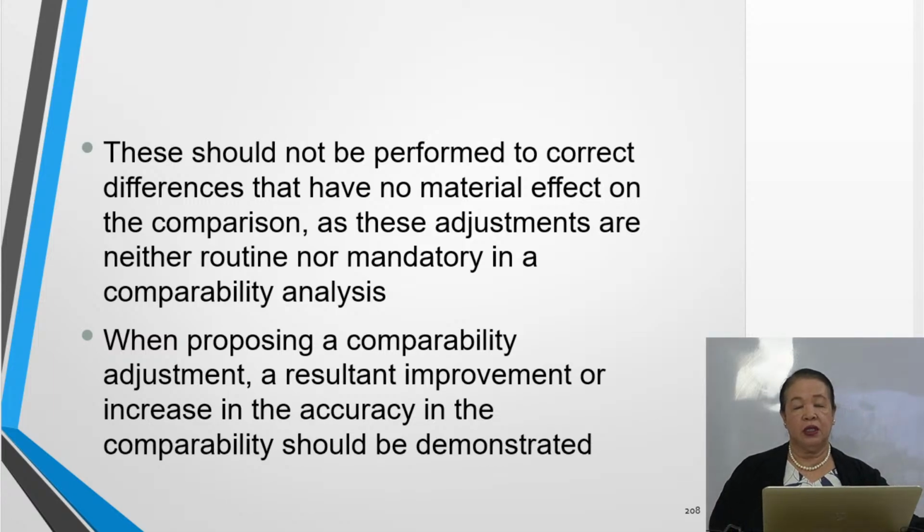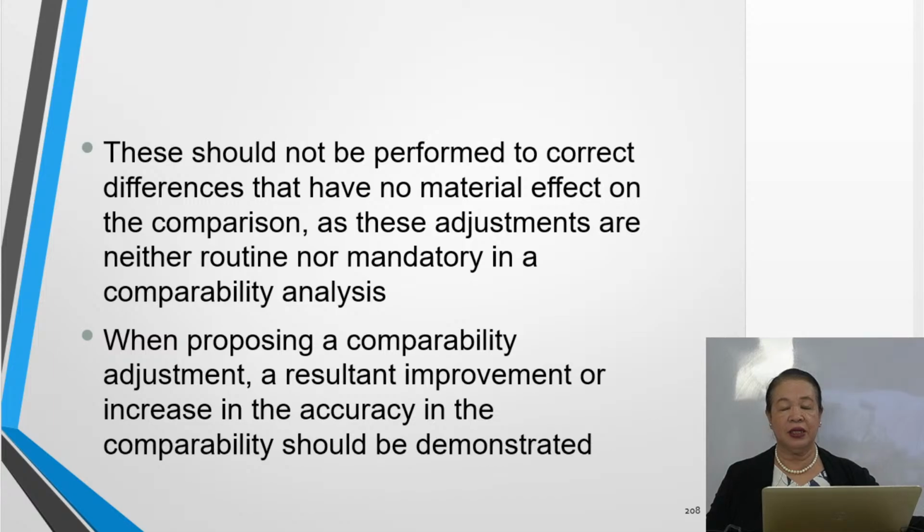Dito kasi sa Pilipinas, in the time pa noon ni Assistant Commissioner Valeroso, gumawa siya ng benchmarking ng region, Valenzuela, Caloocan, Quezon City at saka Makati at saka Manila, no? So nagkaroon ng benchmark for companies, iba't ibang industries, no?